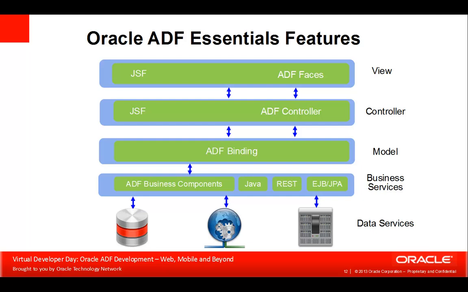And from the data services tier, we can still make use of all of the data services that we made use of previously inside of Essentials as well. So overall, a lot of the features that are necessary at the core of ADF are still being provided.